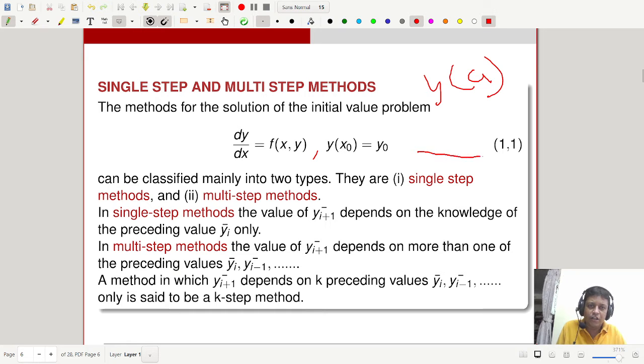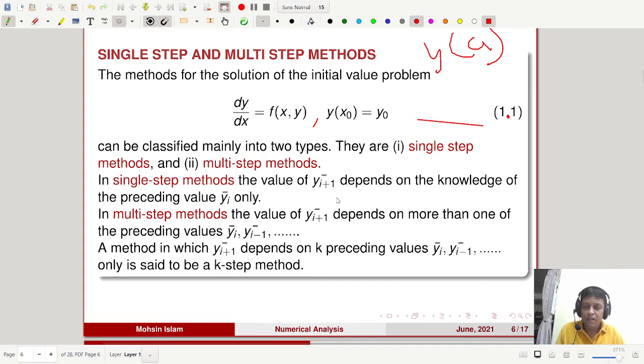That is the initial condition. That was your equation 1.1. The methods for the solution of the initial value problem can be classified mainly into two types: single step methods and multi-step methods.